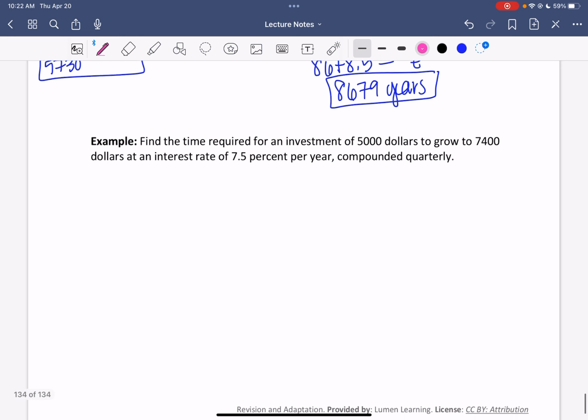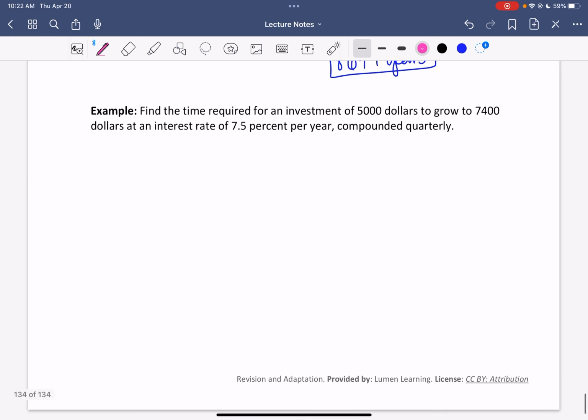Let's do one more. It says, find the time required for an investment of $5,000 to grow to $7,400 at an interest rate of 7.5% per year, compounded quarterly. So the fact that this is saying compound it quarterly, I'm going to go back to my equation of f of t equals A(1 + r/n)^(nt). Then I'm going to fill in the values that I know.